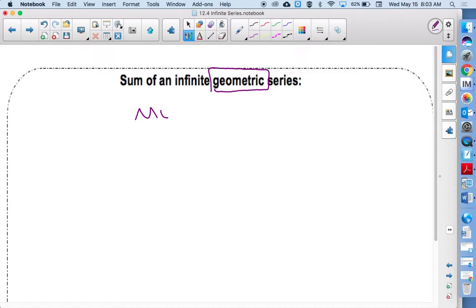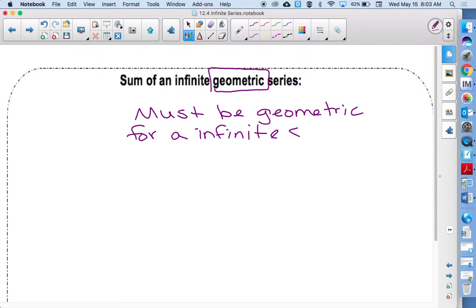It must be geometric for a series to have a sum. So if it's not geometric, then it doesn't have a sum. Done. Must be geometric for the series to have a sum.